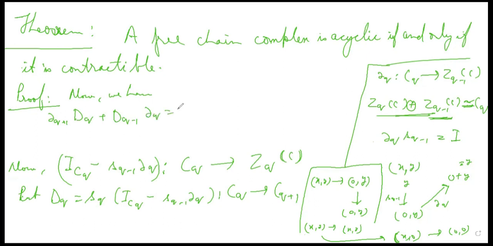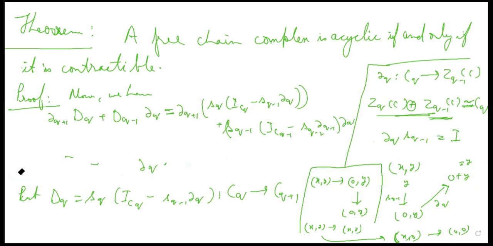This is equal to what? ∂_{q+1} d_q, we'll just write this as it is: S_q I_{C_q} minus S_{q-1} ∂_q, plus this d_{q-1}, that is just S_{q-1} I_{C_{q-1}} minus S_{q-2} ∂_{q-1}, and ∂_q. Now let us see what is it here.